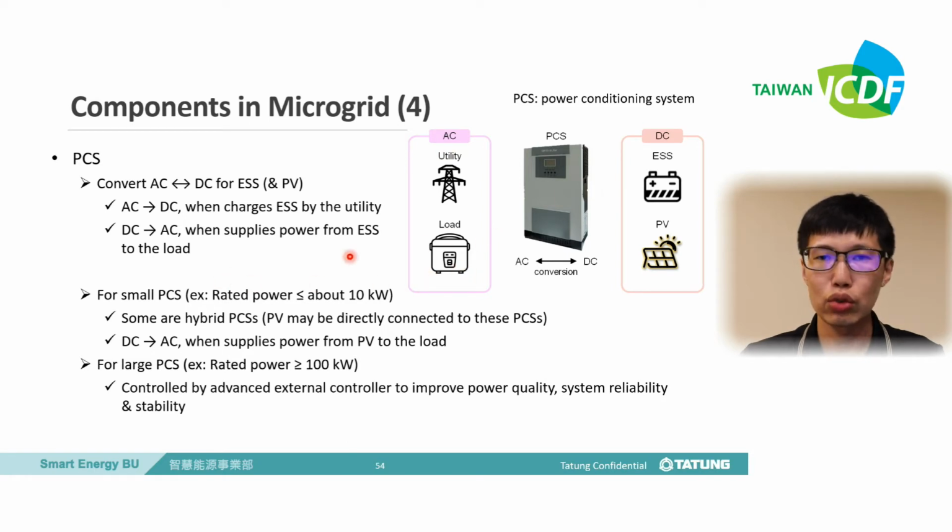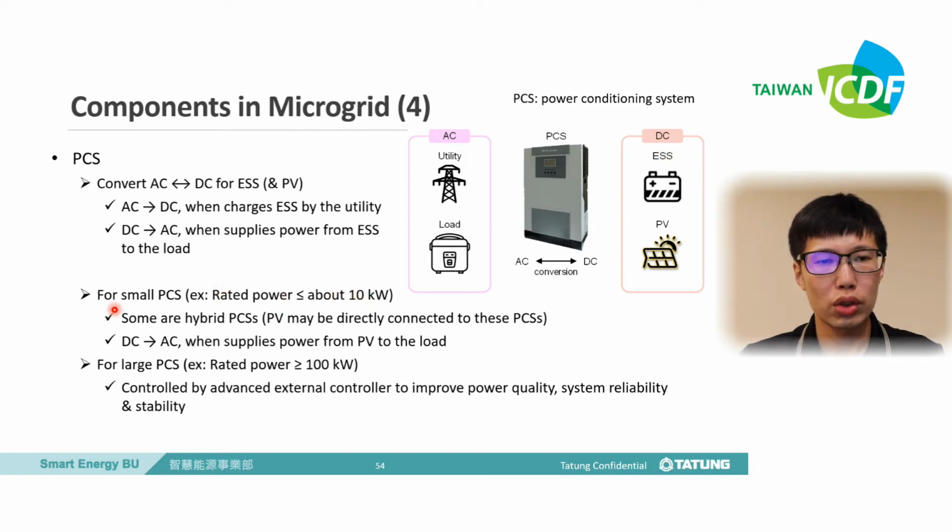So as I mentioned before, the power supplied by the utility is AC, and the power consumed by the load is also AC, and the power supplied by ESS and PV are DC.